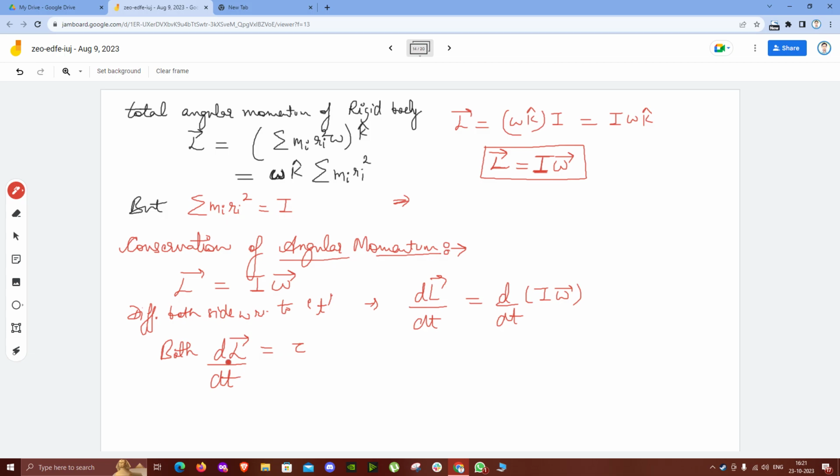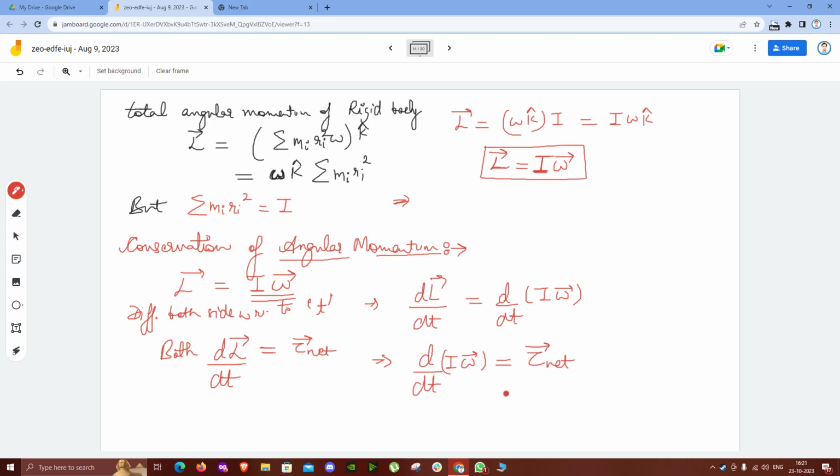In the same way, dL by dt will be equal to tau net, the net torque. Let's put the value of L here, so it becomes d by dt of I omega equals tau net.